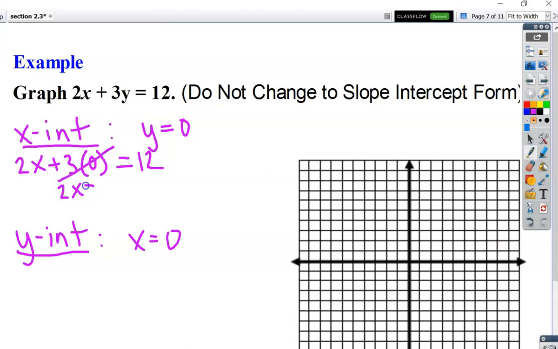So we're left with 2x equals 12, divide by 2, x equals 6. So now I have one of my two intercepts at the point 6, 0.